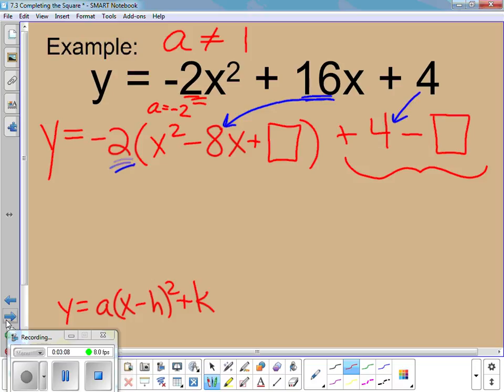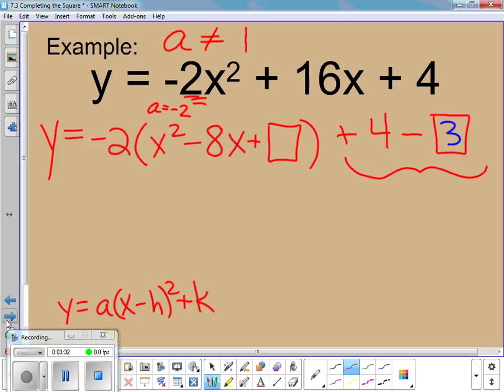No, the 4 just got separated from the whole group, and we'll deal with it later. But here's where else this problem will get tricky. Let's say we figure out what number we're going to add here. Let's pretend it's 3, okay? If you think, okay, I'm going to add a 3 and subtract a 3 because that's what we've been doing, that would be wrong this time.